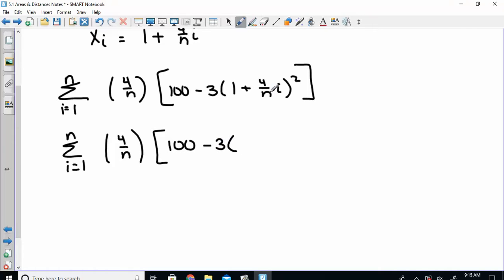So in here we have 100 minus 3 times. To square this, you have to write it twice in the FOIL. So we would get 1 plus 8 over n i plus 16 over n squared i squared.